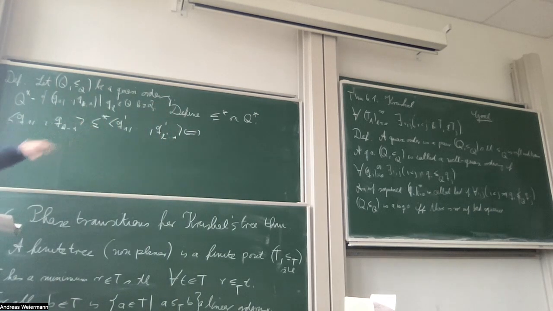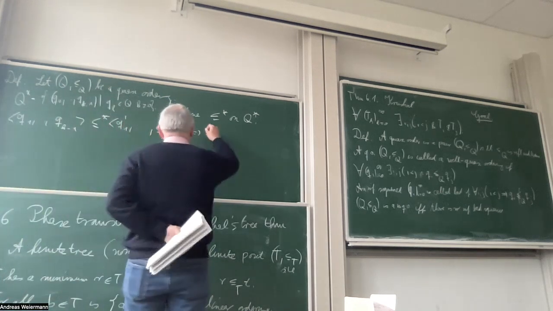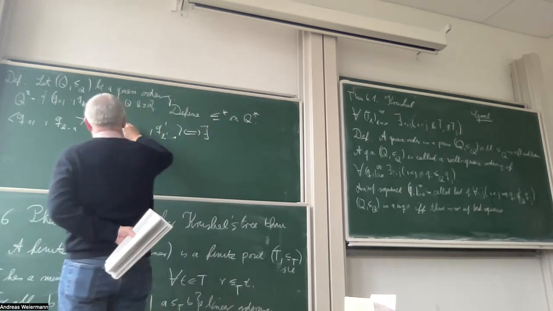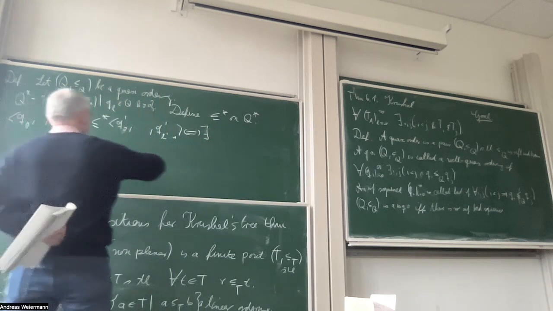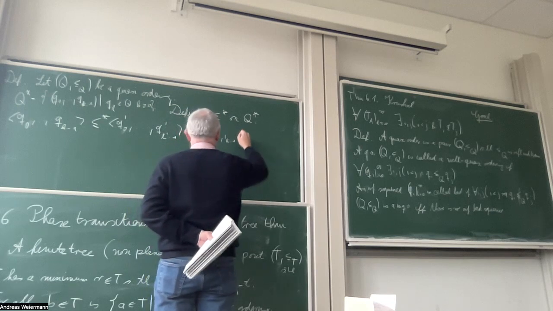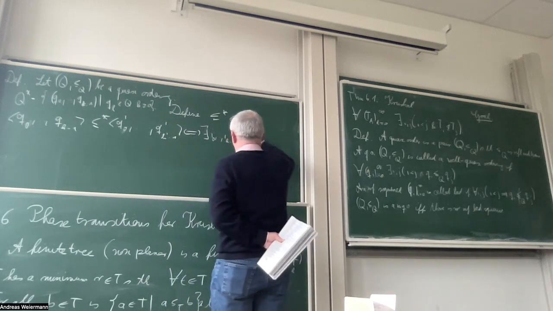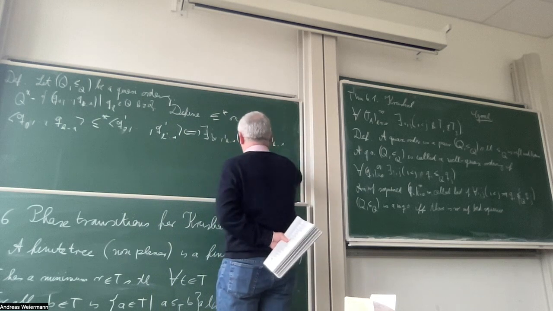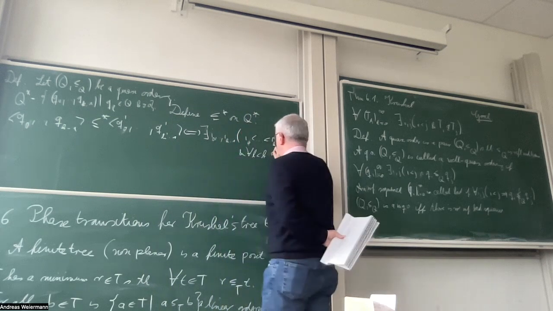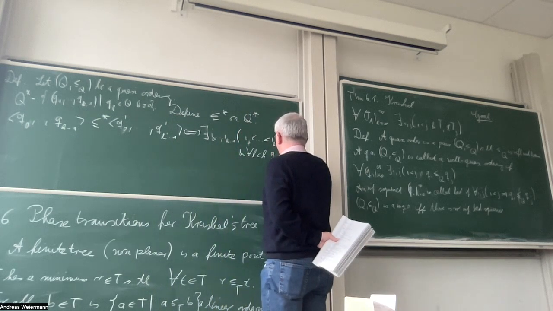This sequence somehow embeds into a subsequence. So there exist indices i_0 up to i_{k-1}, such that they are increasing, and for all l smaller than k, we have that q_l embeds into q'_{i_l}.